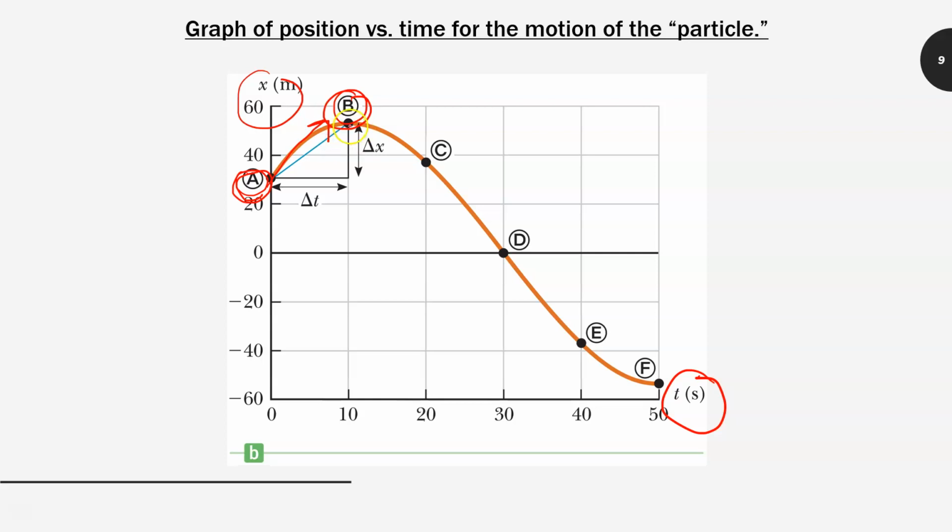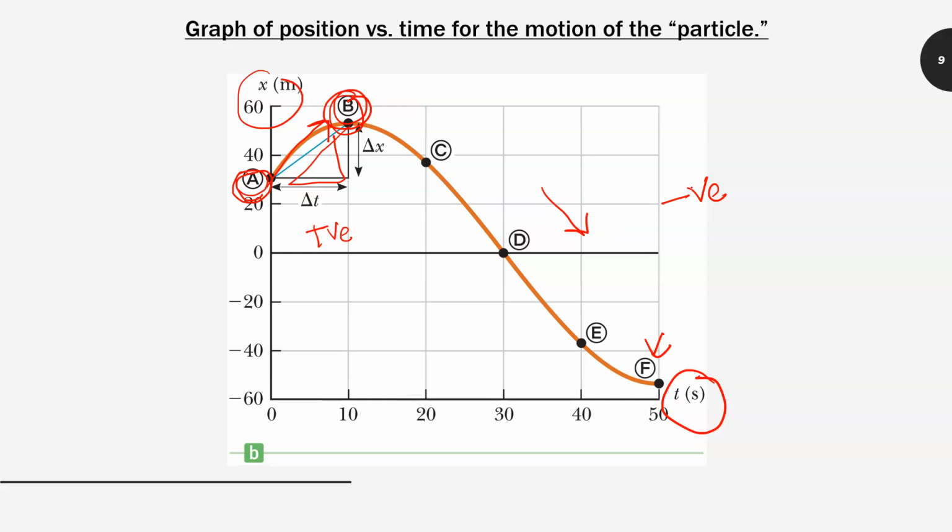Now if you calculate this gradient over here, you will get a positive value of gradient. But from point B to point F, the car is moving slowly with increasing time, so you will get a negative value of the gradient.